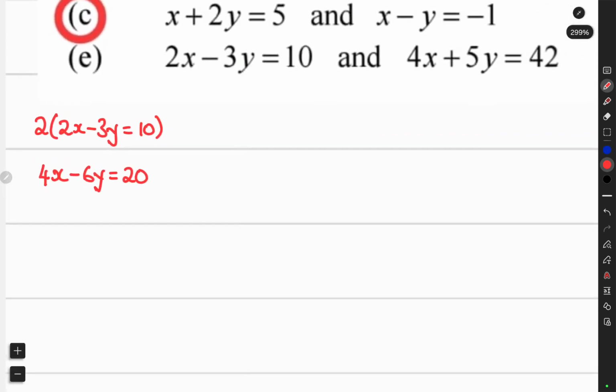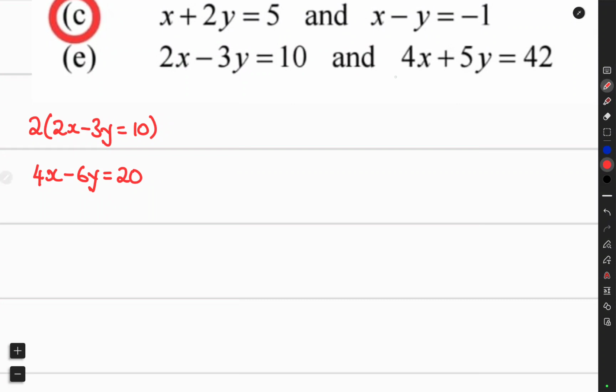Whilst the second one is in order, and you now have 4x, which is the same as that one there. So you're good to go. You can name this equation 1, whilst the other one will be equation 2, which is 4x plus 5y equals 42.